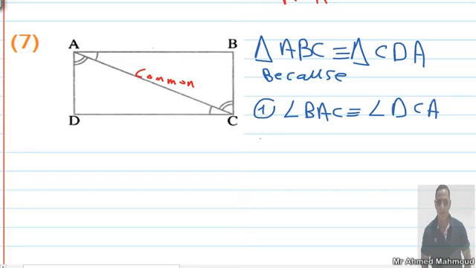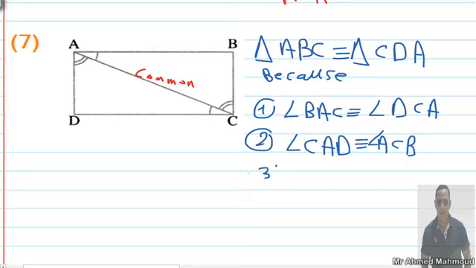Number two, angle CAD is congruent to angle ACB. Number three, AC is a common side.